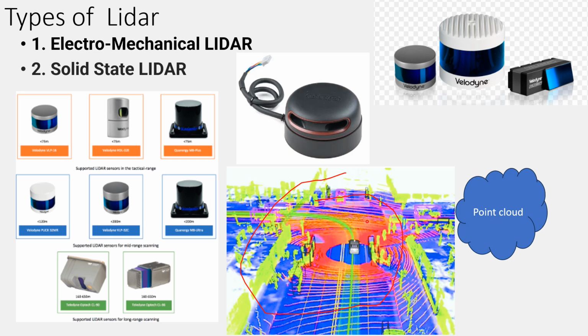The ECU perceives this is a car, these are pedestrians, these are trees, this is a T intersection, again this is a car, and this is a pedestrian who is trying to cross the road. So depending on this point cloud, LiDAR clearly understands the nature of the target, whether it is a pedestrian or a motorbike or a cycle or an animal which is trying to cross the road. All these things are understood by this point cloud.